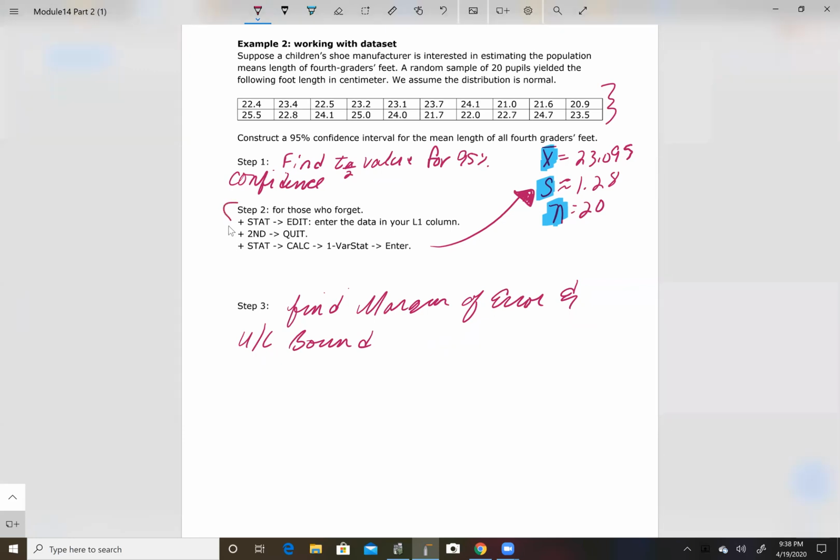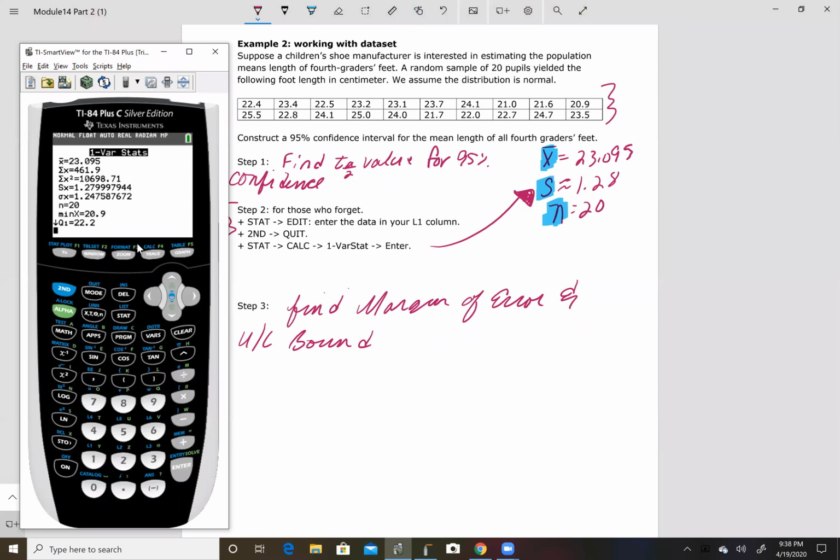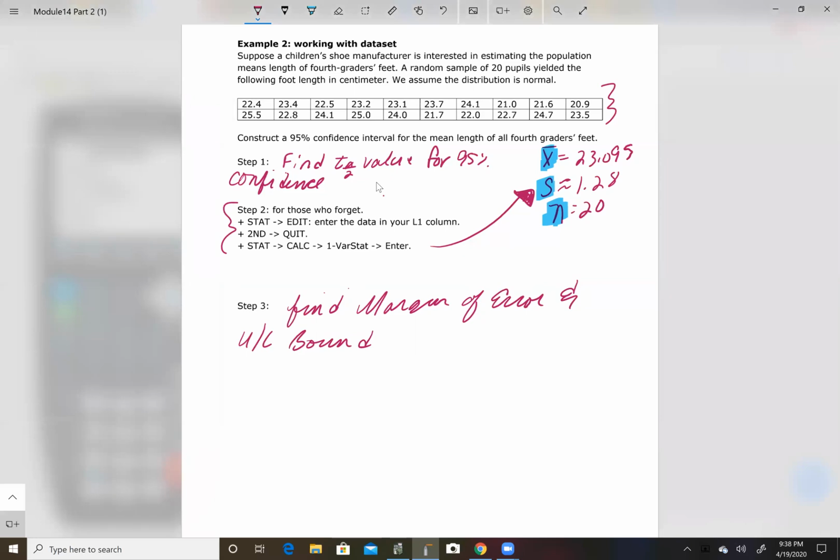So if you don't remember, you do stat edit, you enter your data into L1, that's what I did. You go back to stat, arrow over to calc, 1-Var Stats, no frequency list this time. I used L1, I'm going to calculate. Okay, and that gives me exactly what I wrote down on the paper over here.